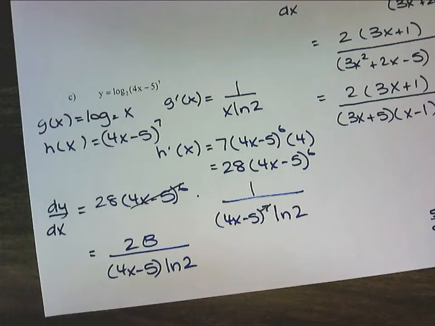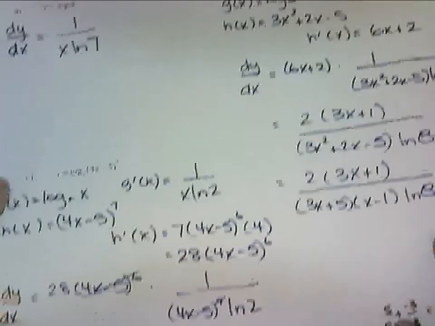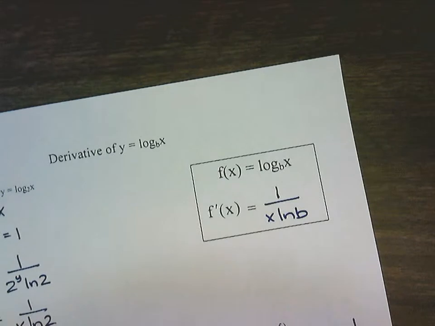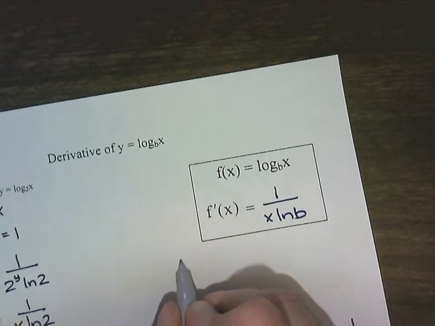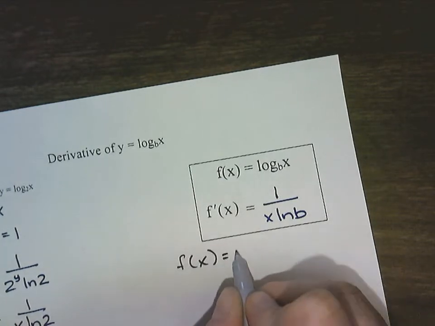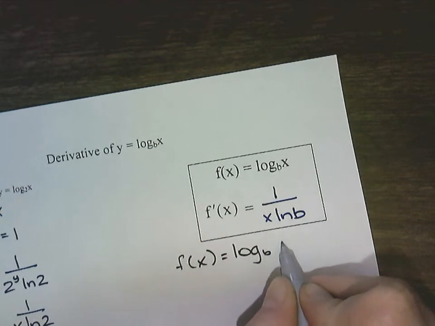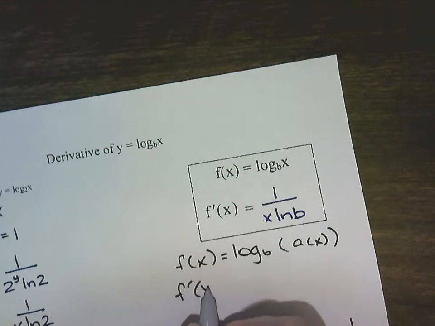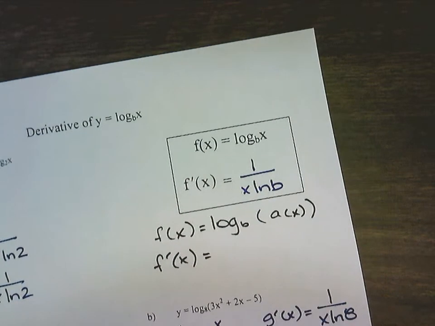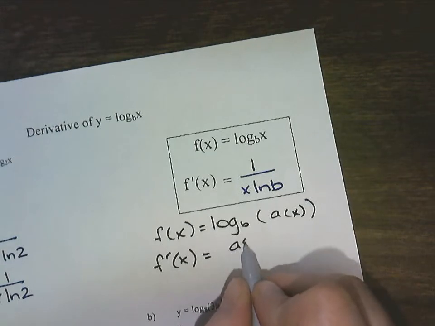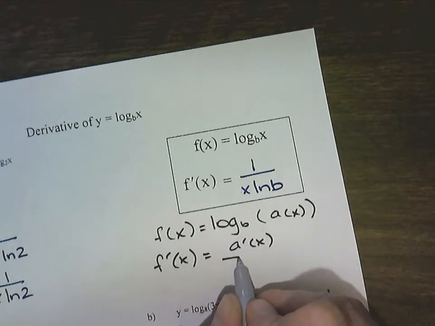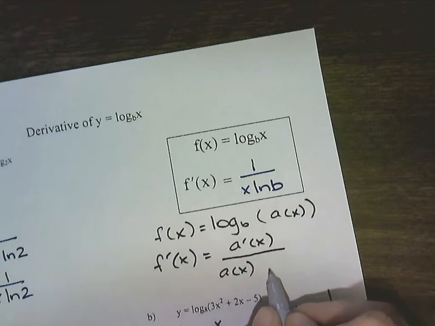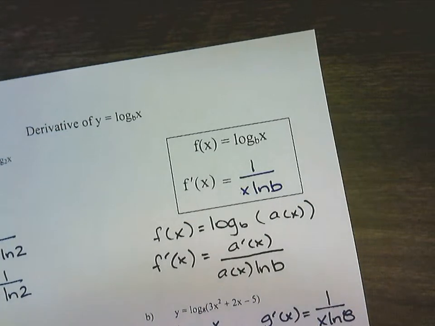As you can see, again, another pattern is starting to emerge with the more examples that we do. So let's look at a shortcut. If the original function is f of x equals log base b of some function a of x, then its derivative, f prime of x, is equal to a prime of x all over a of x ln b.